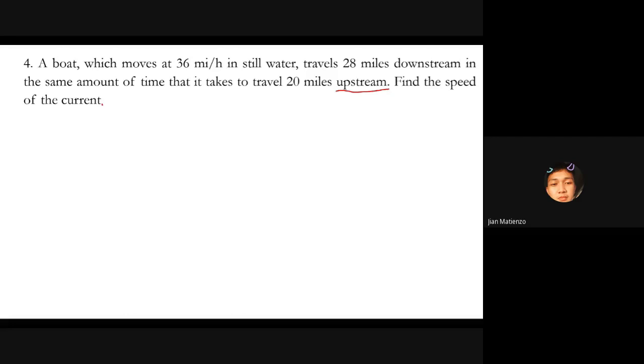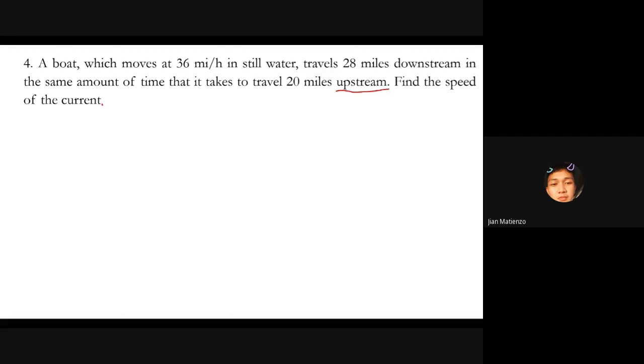Isa pang example niyan, para mas ma-visualize mo yung downstream at saka upstream, same lang yan siya sa with the wind at saka against the wind sa eroplano. Sa mga naka-experience na makasakay ng eroplano. Kapag sinabing with the wind, yung direction ng hangin, doon papunta yung eroplano.